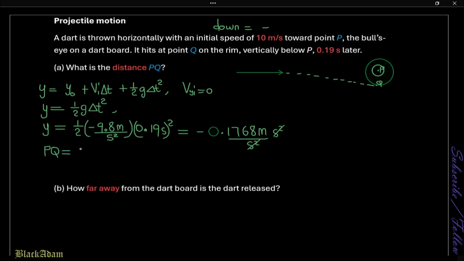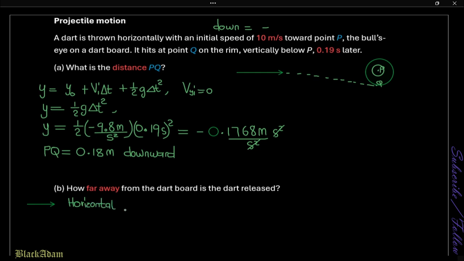So PQ, that's the distance, is going to be 0.18 meters, rounding off.